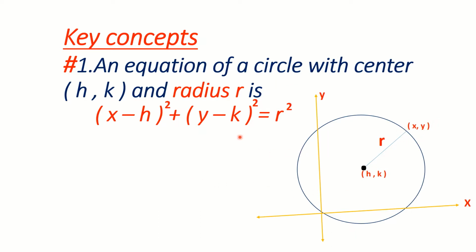The standard form of the equation of a circle is (x - h)² + (y - k)² = r², where r is the distance between these two points, the point on the circle and the point at the center.